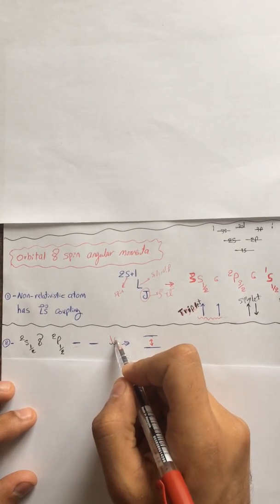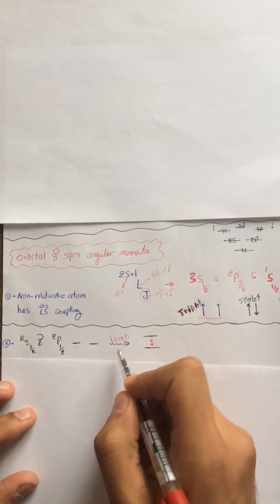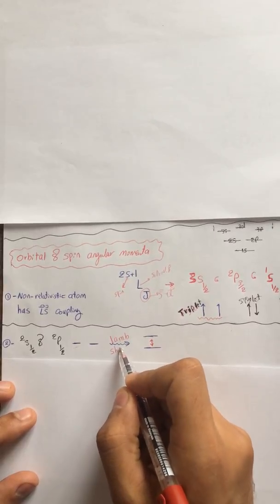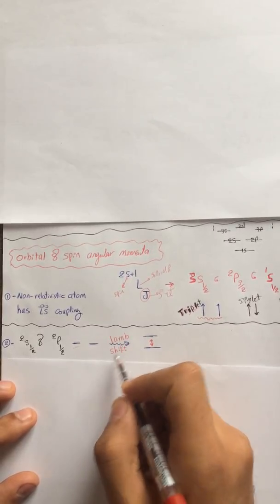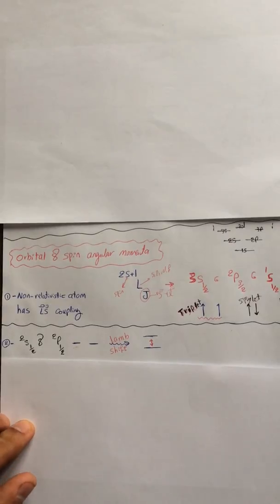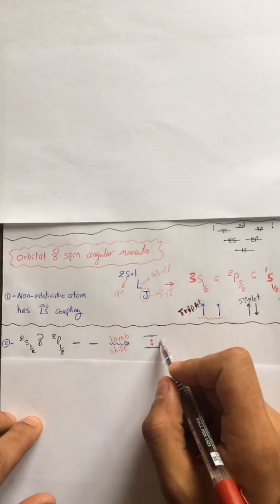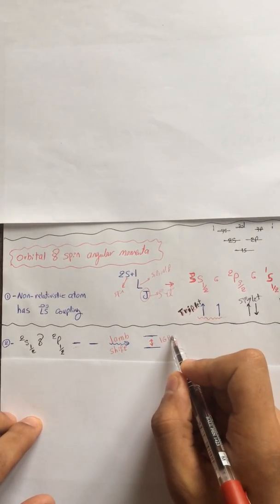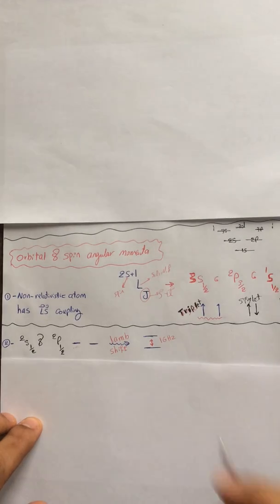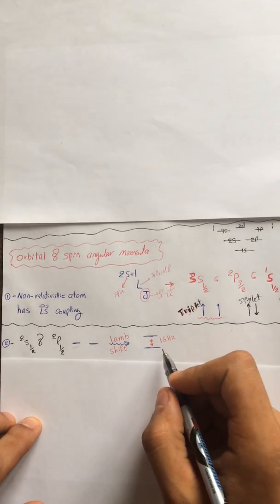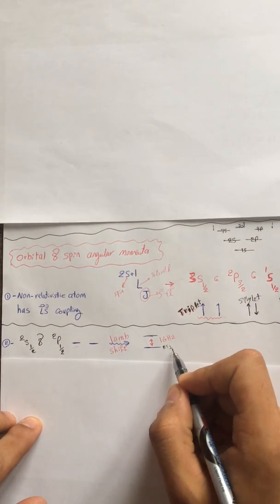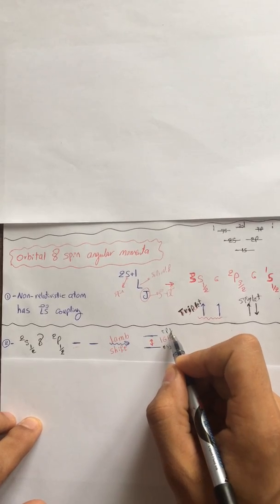So just a definition for the Lamb shift. The Lamb shift introduced the idea of shifting the levels by some gigahertz. This is 1 gigahertz here. Okay, and this is the ground state or lower energy state, 2s½, and this is 2p½.